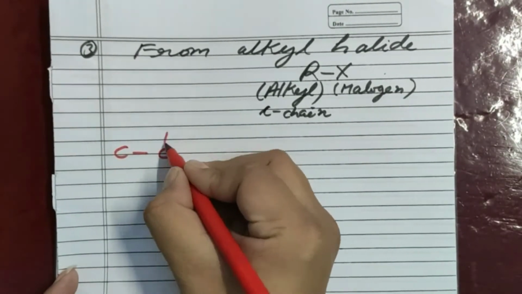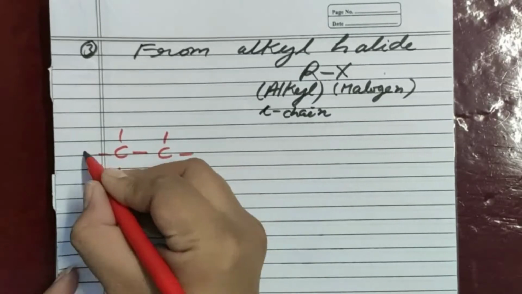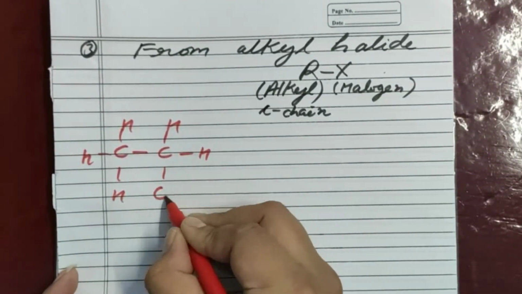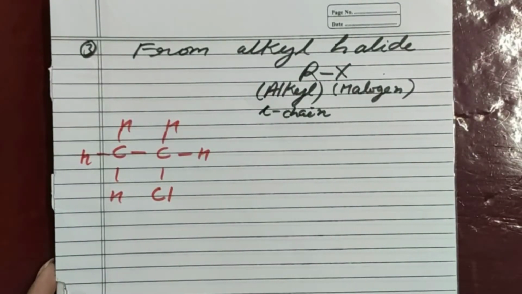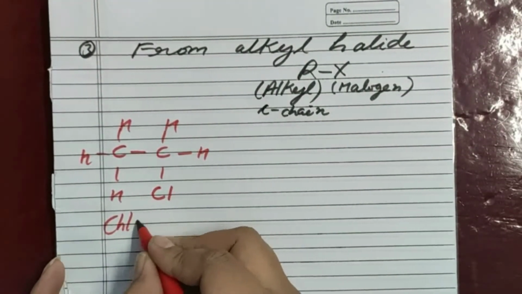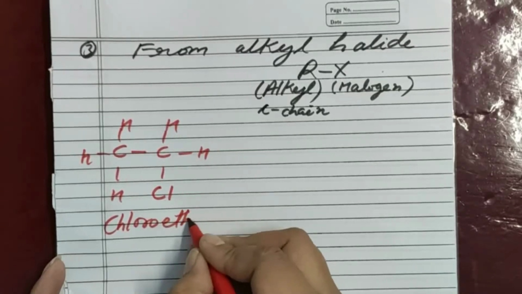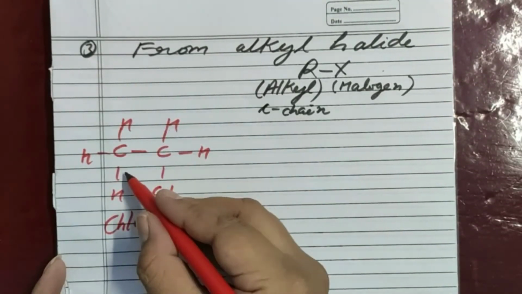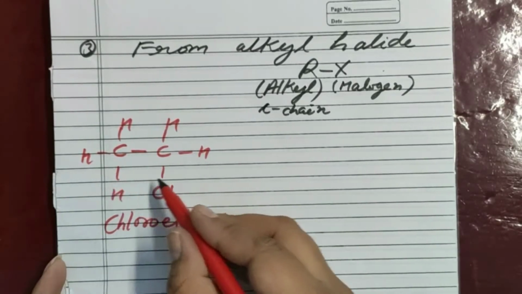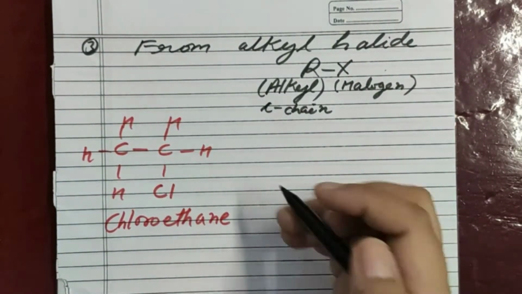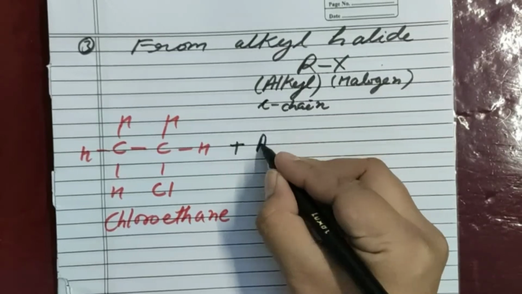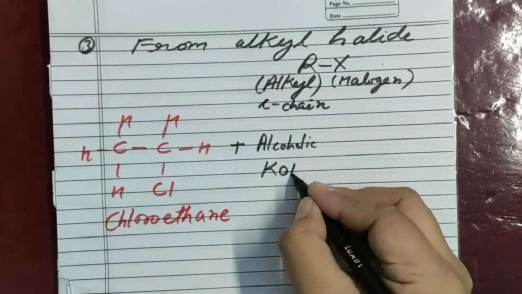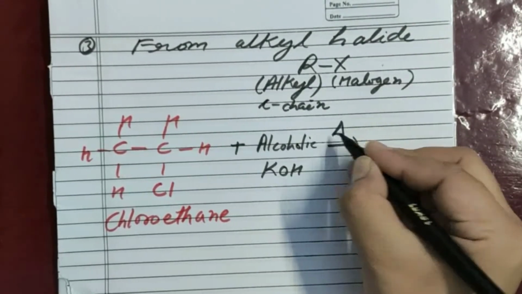Taking proper examples, suppose you are having this compound, which is chloroethane. This is the alkyl group. This is the halogen. So this is alkyl halide. We are going to react this with alcoholic solution of KOH, and we are going to provide heat.